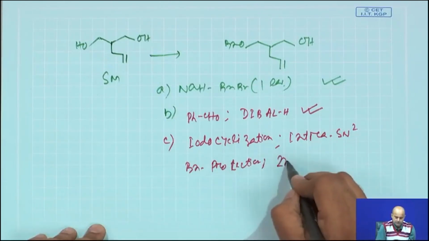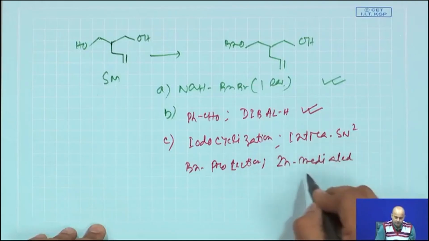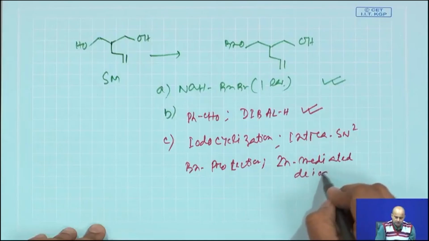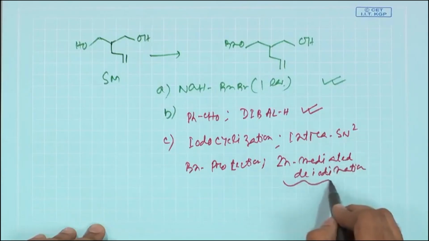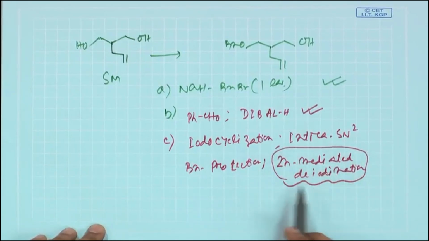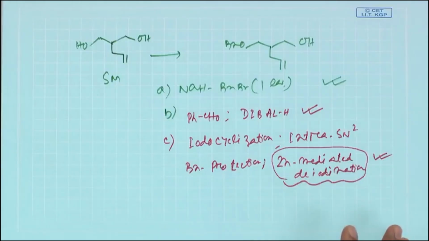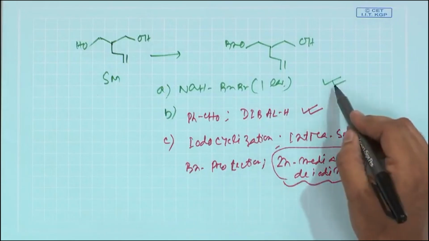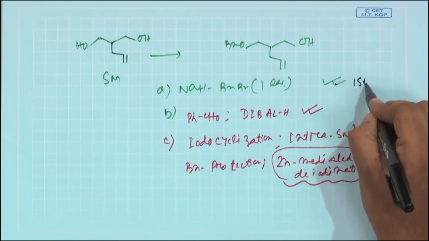Then we do a zinc mediated deiodination. So, this, the fourth reaction, probably is the most crucial reaction. Three possible pathways can be formulated for this transformation, and eventually you will find that the first is a single step reaction, one step only.